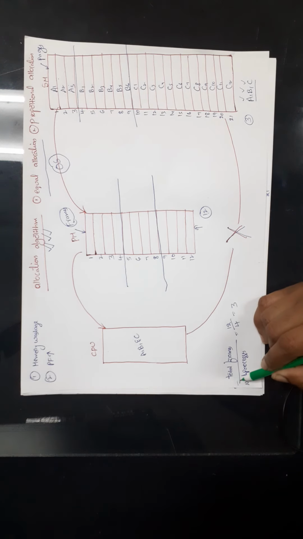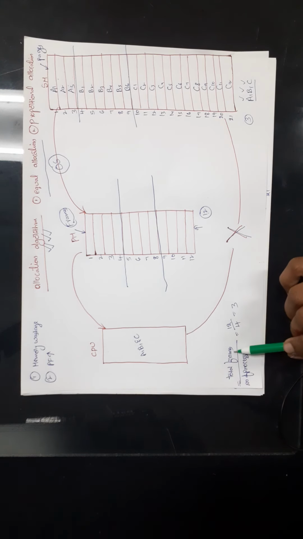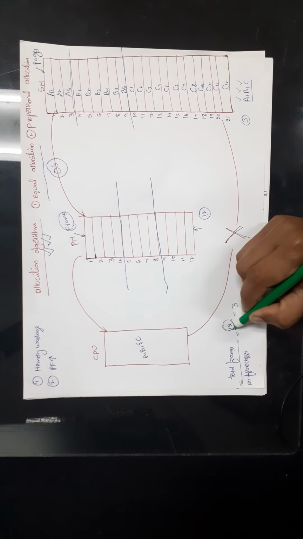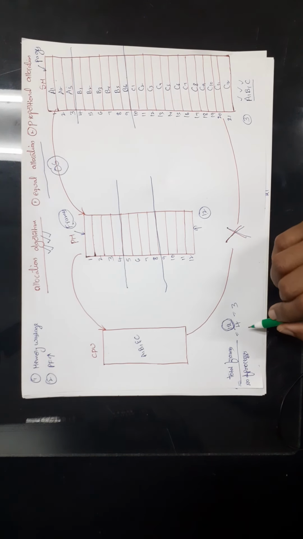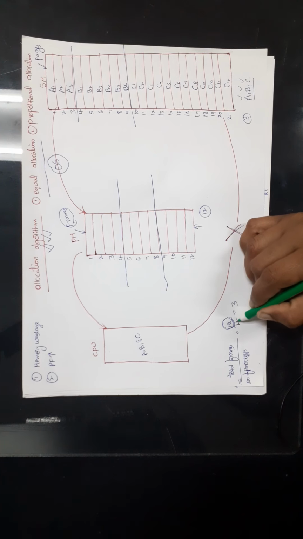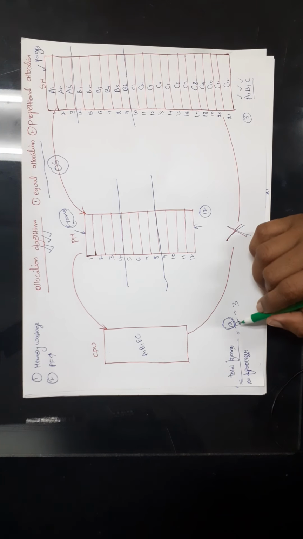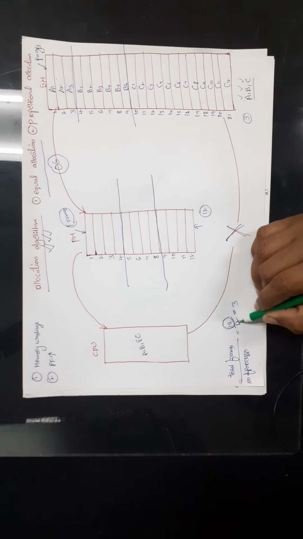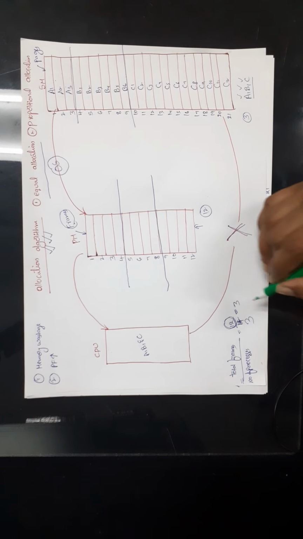So here the formula is total number of frames divided by number of processes. What are the total number of frames here? In total I have 12 frames. How many processes do you have? I have, sorry, here the number of processes is 3, right?